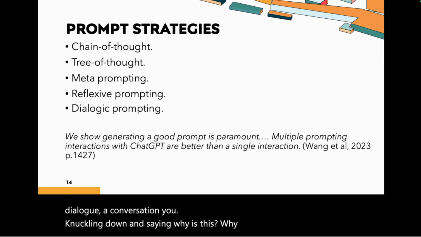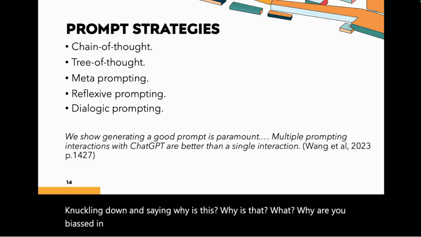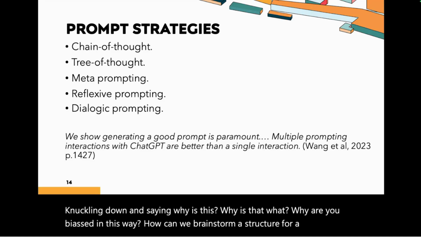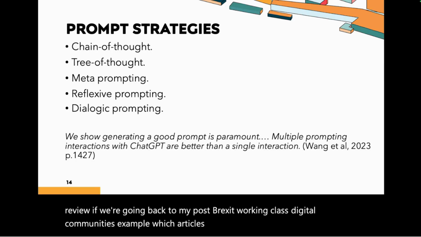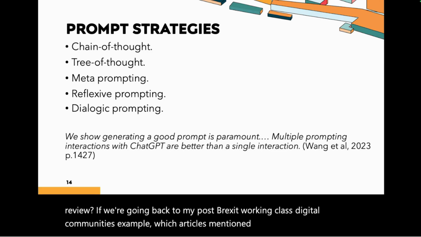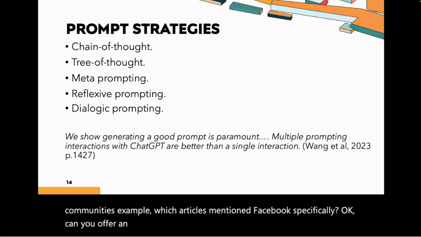How can we brainstorm a structure for a literature review? If we're going back to my post-Brexit working class digital communities example, which articles mentioned Facebook specifically? Okay, can you offer an opposing perspective? Okay, so we can be quite dialogic in our approach.